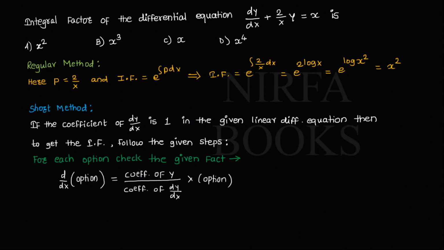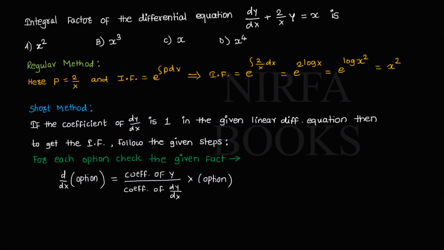What is this equality? Derivative of option is equal to coefficient of y divided by coefficient of dy by dx, and the whole quotient multiplied by the same option.